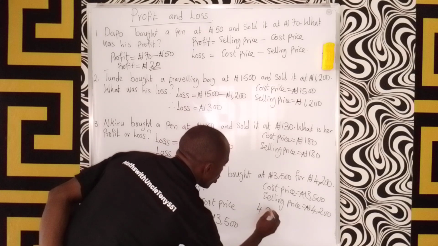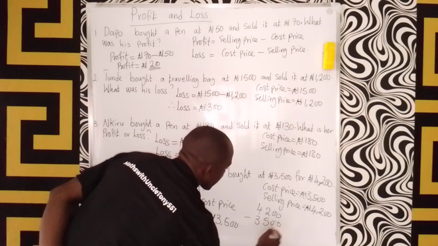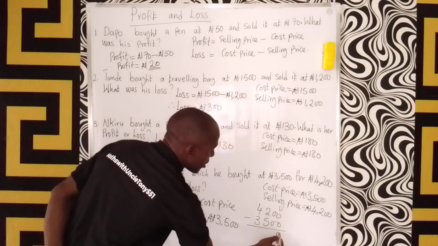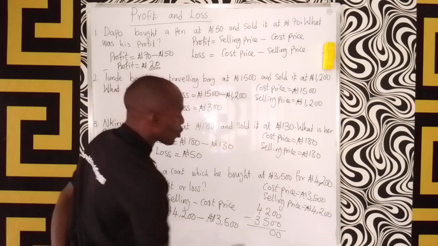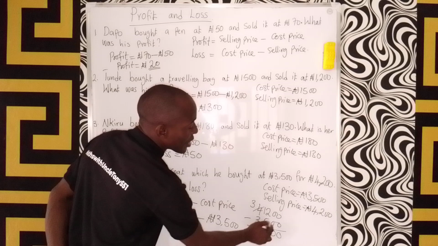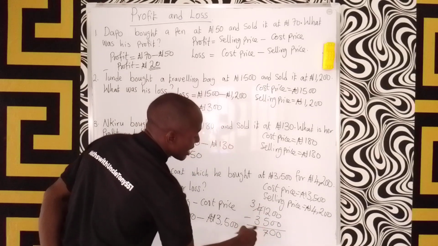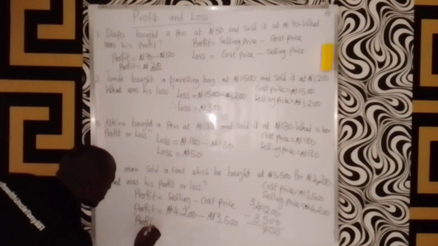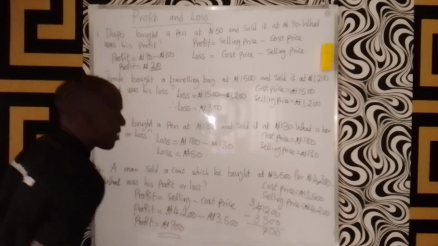We have 4,200 take away 3,500. 0 take away 0 is 0. 0 take away 0 is 0. 2 take away 5, it cannot, so we borrow from here. Here becomes 3, here becomes 12. 12 take away 5 is 7. 3 take away 3 is 0, which means nothing. So therefore, our profit is equal to 700 naira.